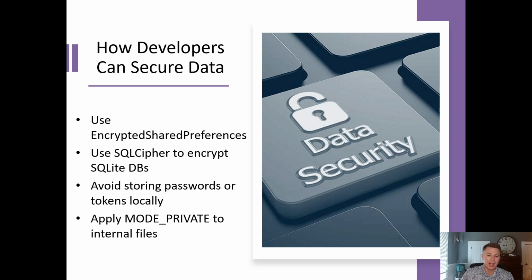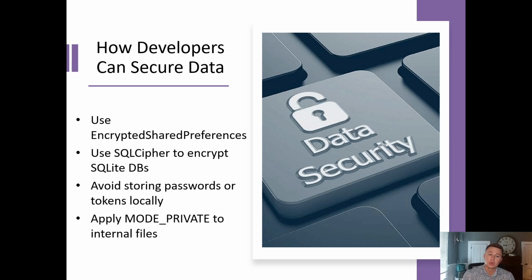But you're a developer, how can I secure data? How can I do it securely? Well, here's how you really do it right. You want to use encrypted shared preferences to encrypt your key value pairs. You also should use SQLCipher or Room with encryption wrappers for databases, and Room is another tool we'll show later.